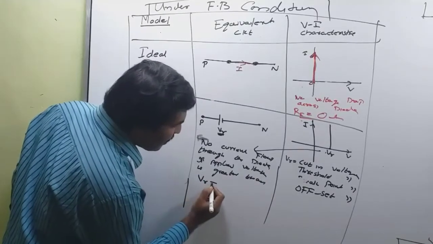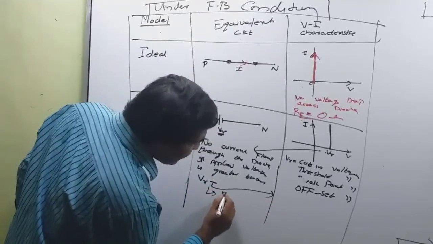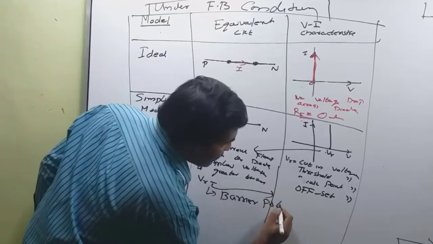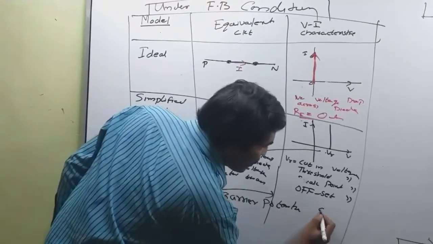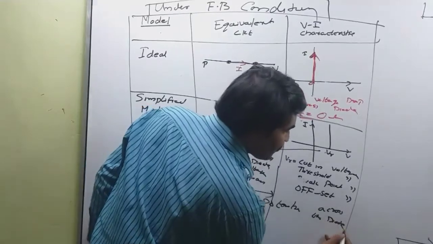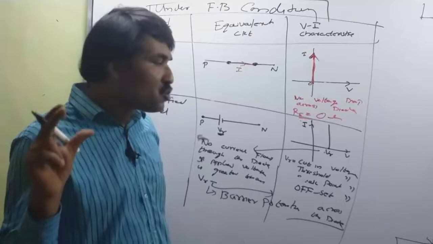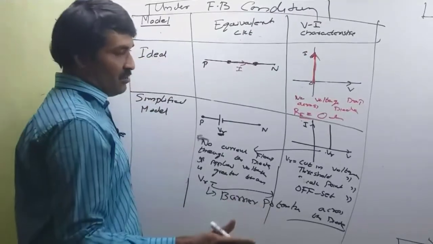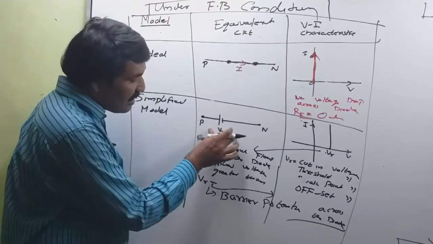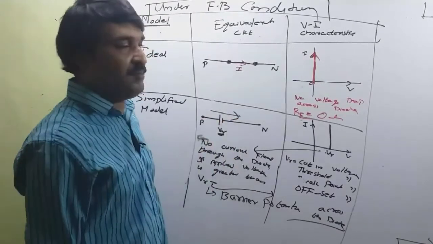This VR is due to the barrier potential across the diode. So the reason for VR is the barrier potential, or the potential drop across the diode. So when the applied voltage across the diode is greater than VR, then the diode will conduct.